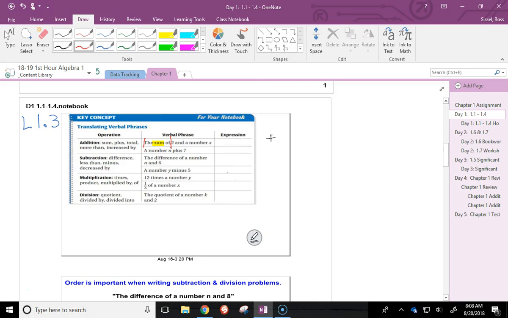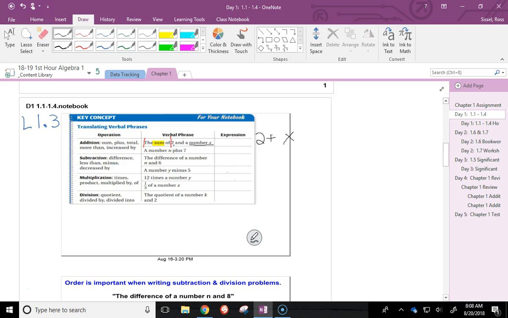So I see the sum of, I'm going to say, okay, I'm doing addition, and now I'm just going to put these in order. 2, okay, so I'm going to say 2 plus a number x. Well, a number x, so they're just mainly saying a variable. We don't know what it is, so 2 plus x. That is how we write that expression.